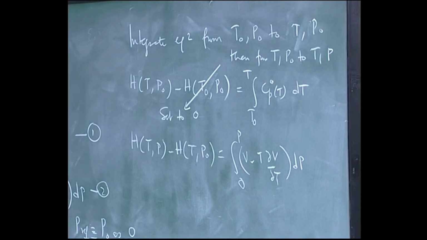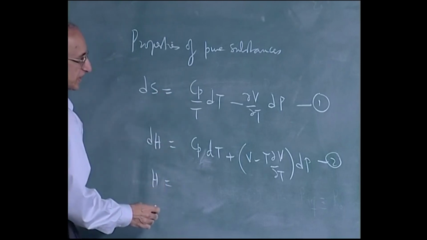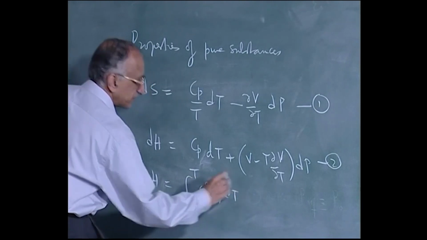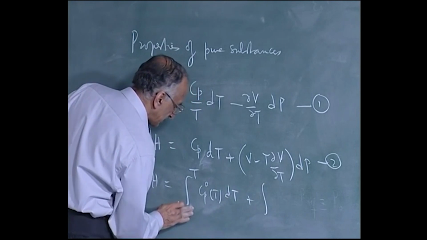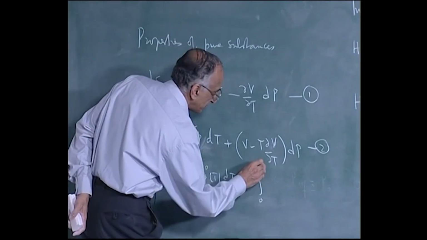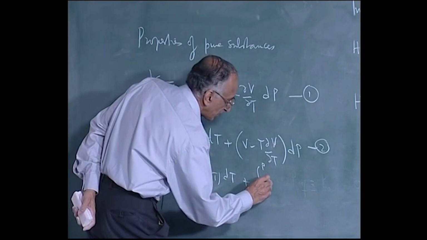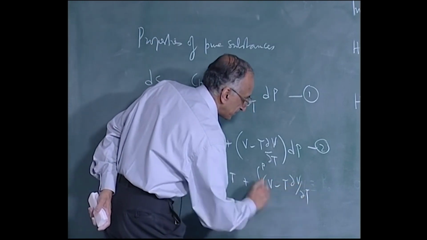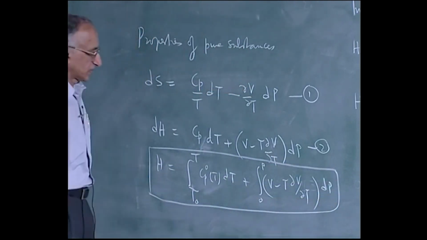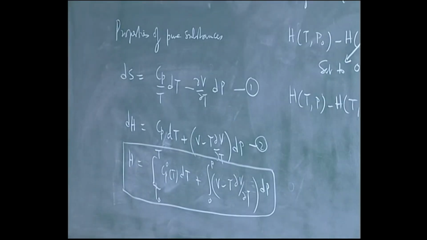So finally you get one result. The integral can now be written simply: H is equal to the integral from T0 to T of Cp0 of T dT, plus the integral from 0 to P of V minus T dou V by dou T. You will find on top of any table or chart that the T0 P0 values will be given, for example H at 0 comma 80 degrees K is equal to 0.